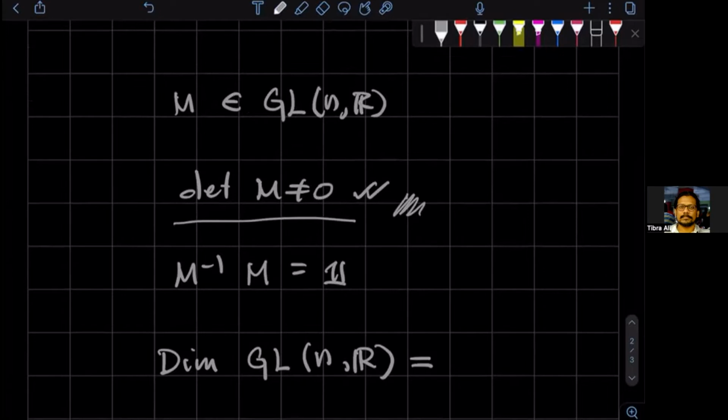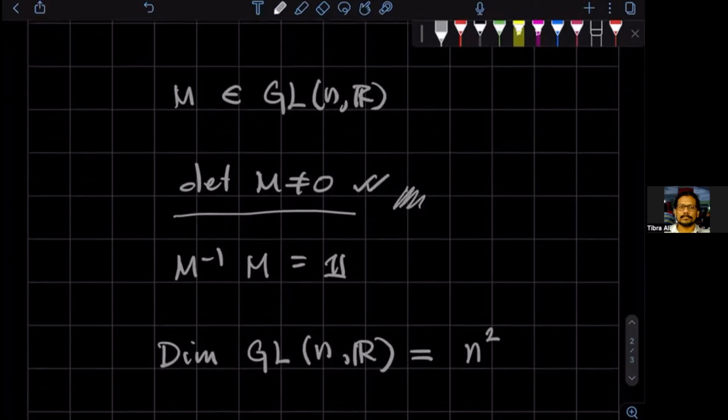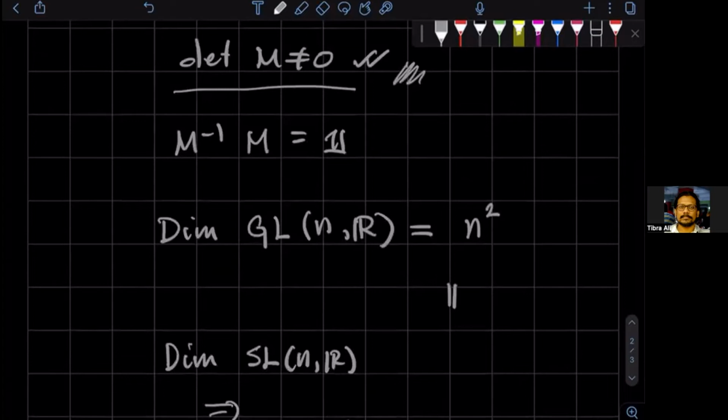All it is saying is that it is still going to be n squared, but instead of the parameter space being R to the power n squared, we have to subtract from it all those points.